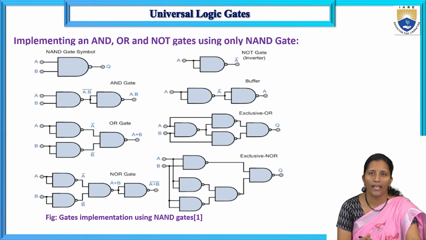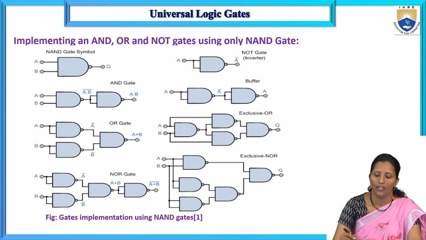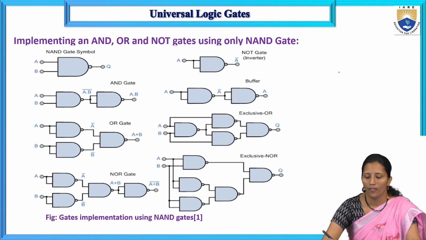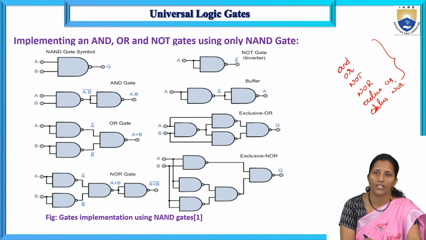Implementing AND, NOT, OR, NOR, exclusive OR and exclusive NOR gates using only NAND gates. All these logic gates can be built by using NAND gates.